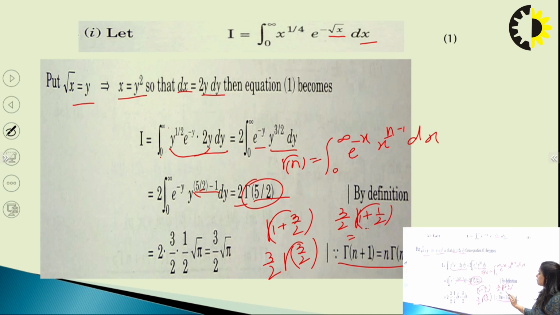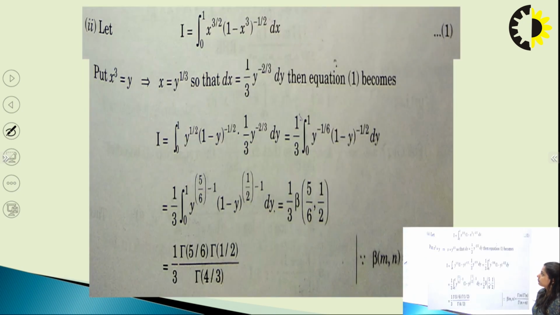So this is equal to 3 by 2 into 1 by 2 and gamma of 1 by 2, and we already know that gamma of 1 by 2 is equal to under root pi. So this is equal to 3 by 2 into 3 by 2 into 1 by 2 under root pi. Now by simplification, this is equal to 3 by 2 under root pi.